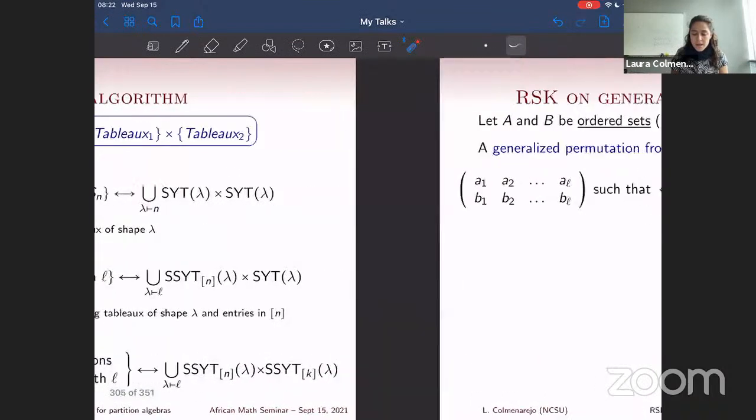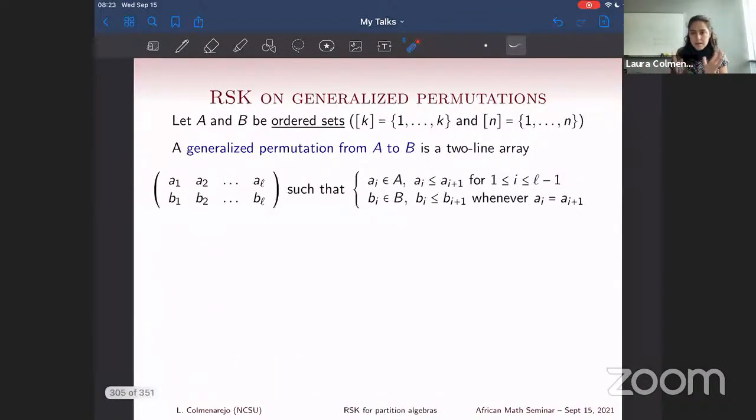So let me give you the ideas behind the RSK algorithm. What I need is 2 ordered sets. For the general case, that is a generalized permutation, we are going to take these 2 ordered sets to be the set 1 up to k and 1 up to n.